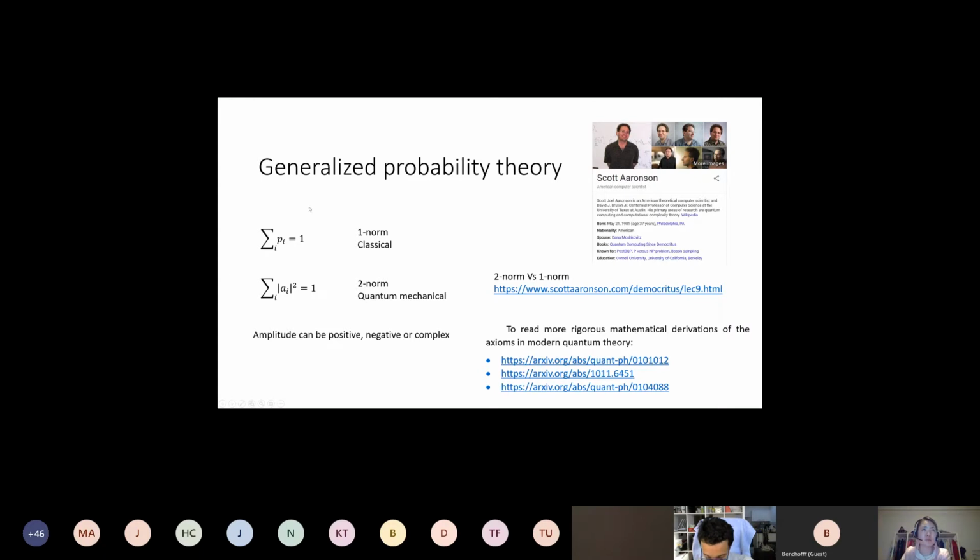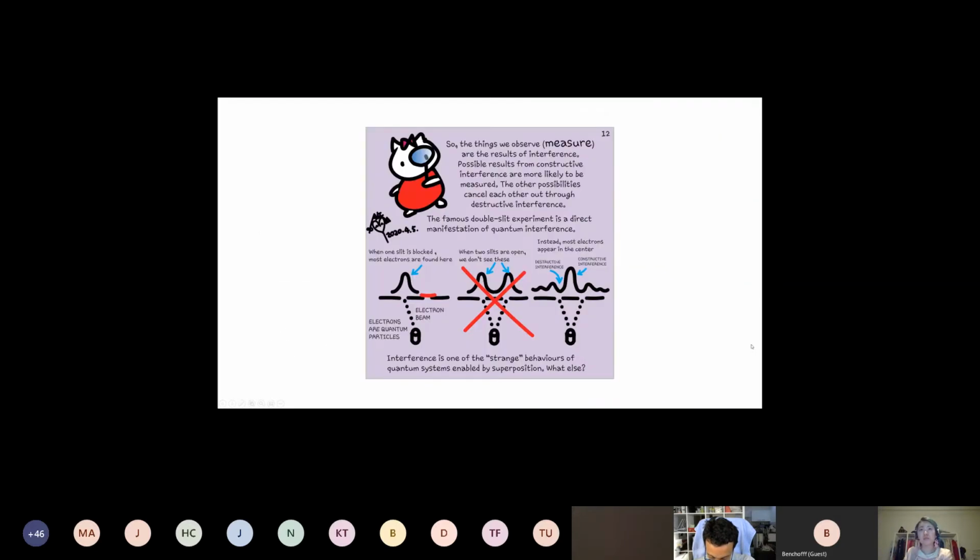So we will not go into too much depth here, but the point is that we are dealing with amplitudes in quantum systems, and the amplitudes can be positive, negative, or even complex. And that's what leads to interference as well as measurements.